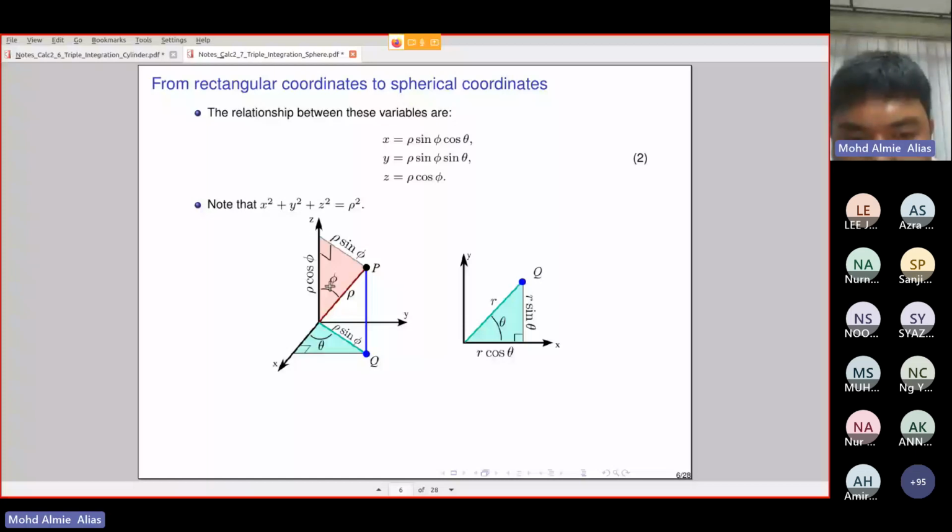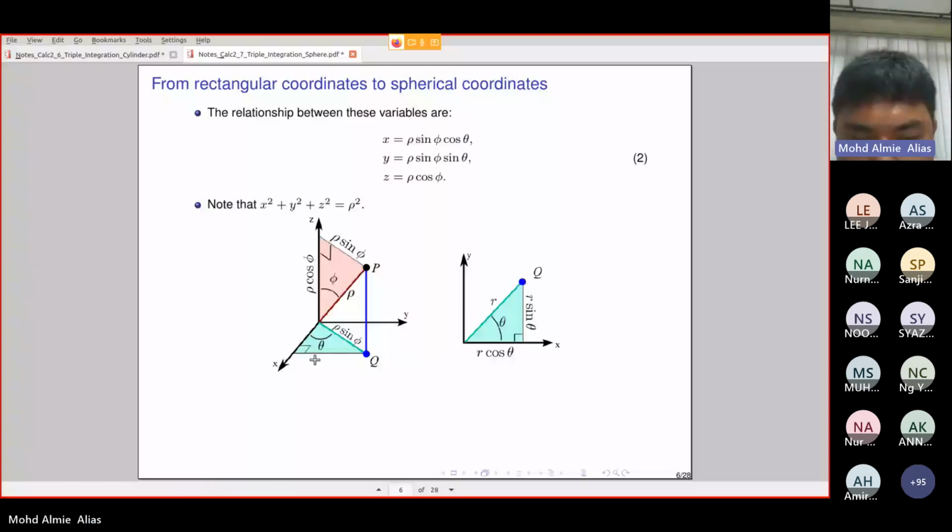If this is phi and this is rho, then this must be rho cos phi, and this must be rho sin phi. So this and this are the same, rho sin phi. I hope you understand this. This is purely taken from the definition of rho, phi, and theta.